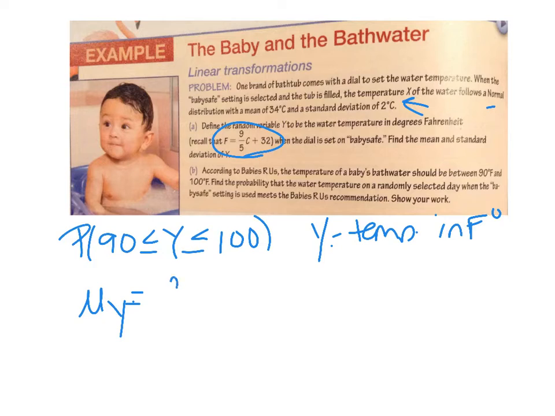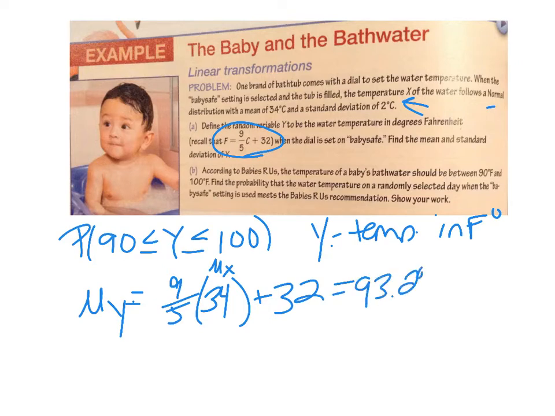So it's my constant 9/5 times my mean of x, plus my constant. And when I solve for that, that gives me 93.2 degrees Fahrenheit.